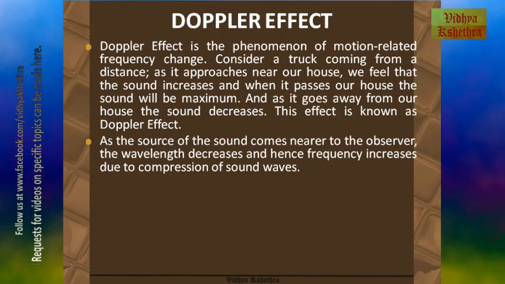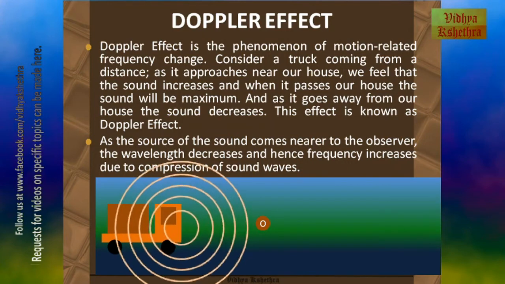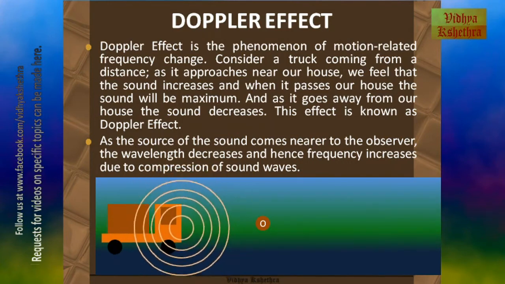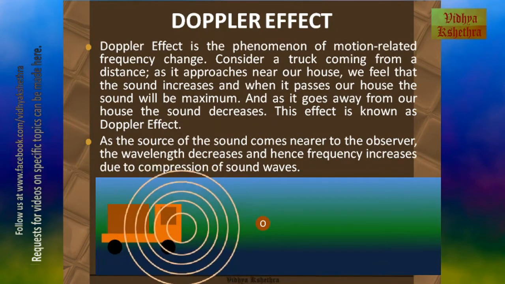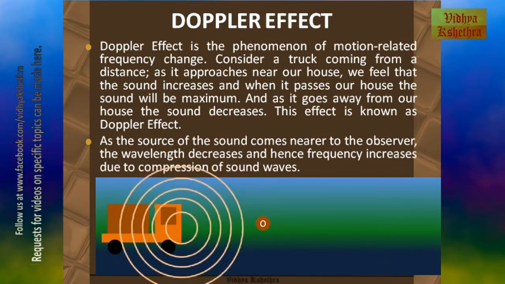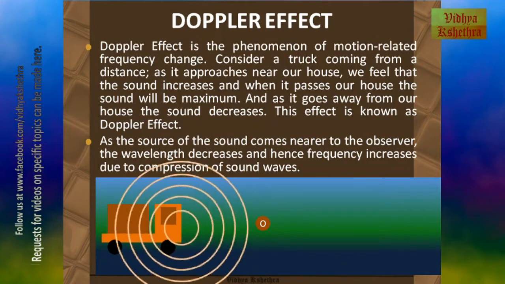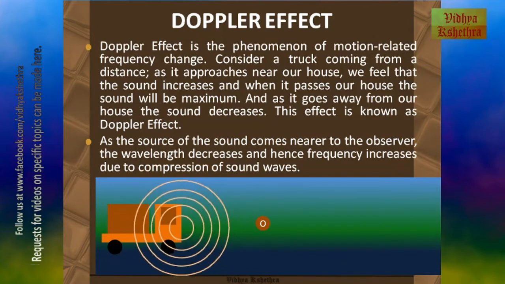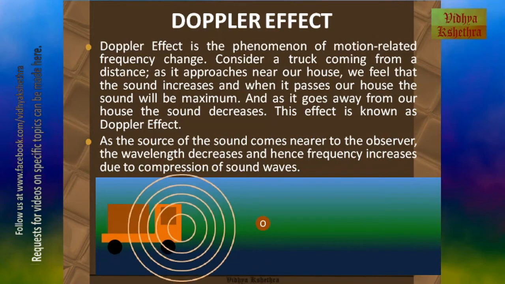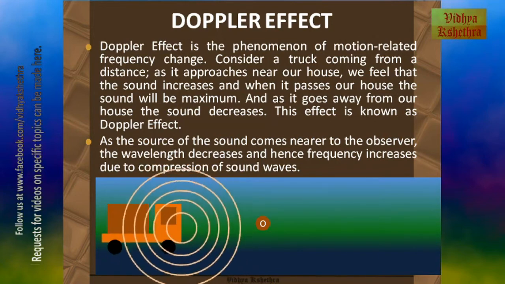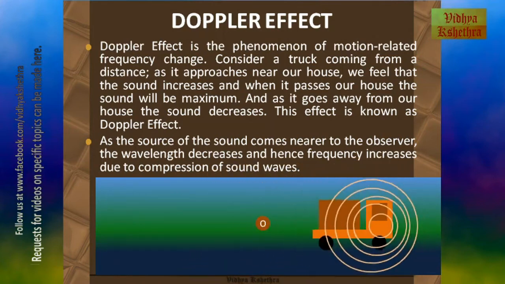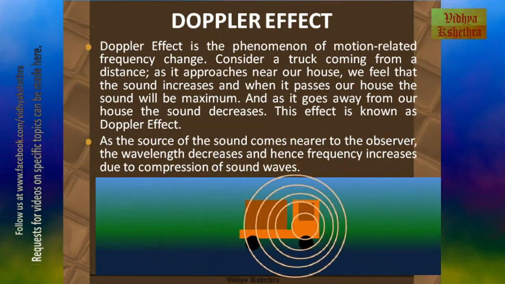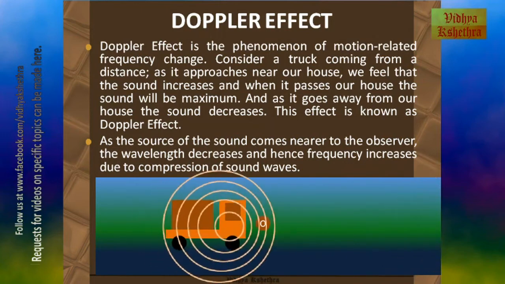This can be seen in the following example. In this case, we can see the truck is sounding a horn. At first, the truck is stationary and O is the observer. Now, if the truck begins to move, that is the source is moving towards the observer, then the sound of the horn is as observed.